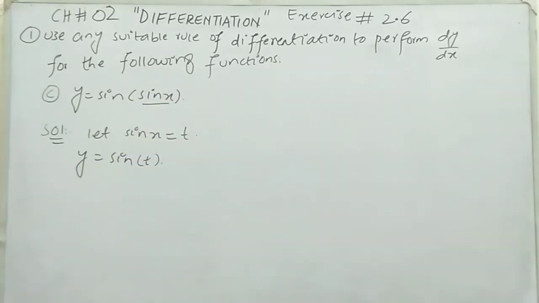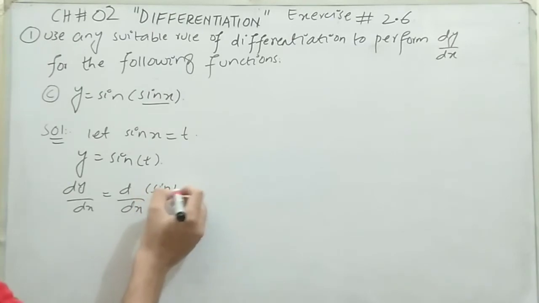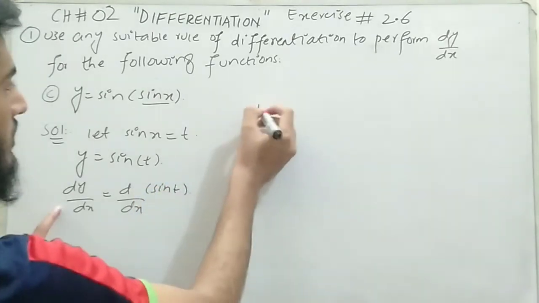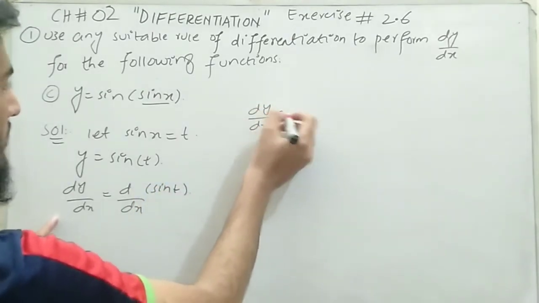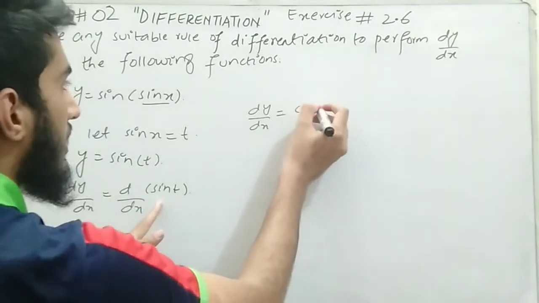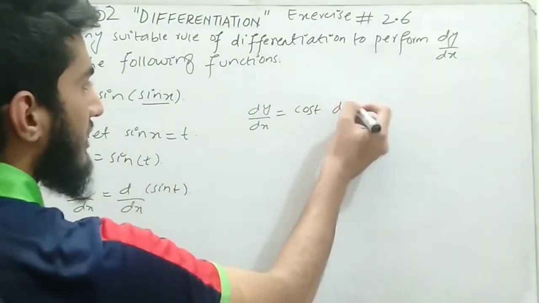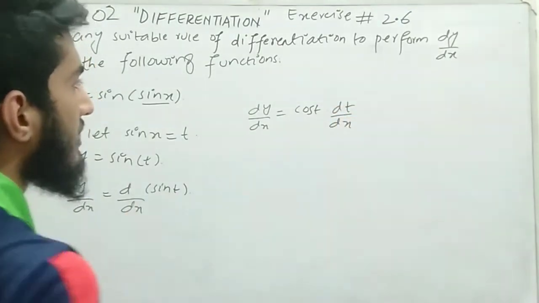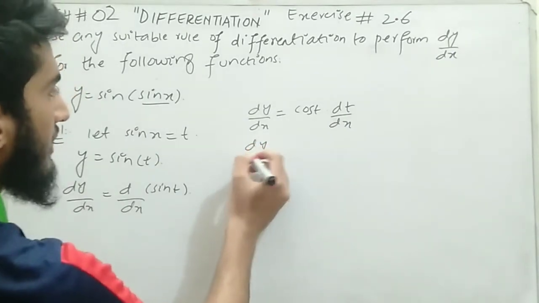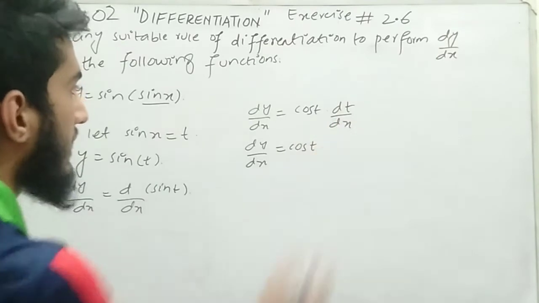Now after this I am taking the derivative of both sides with respect to x. So dy by dx will be equal to the derivative with respect to x of sin of t. You know that derivative of sin t is cos of t. But here the inner function is t, so it becomes dt by dx because this is the inner function. So dy by dx will be equal to cos of t and dt by dx.